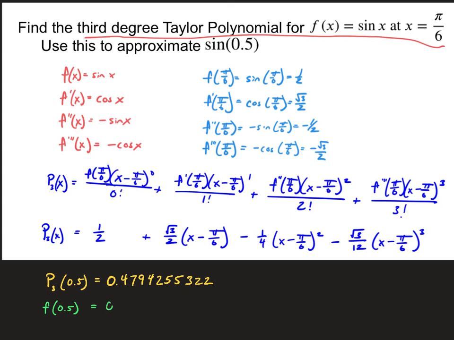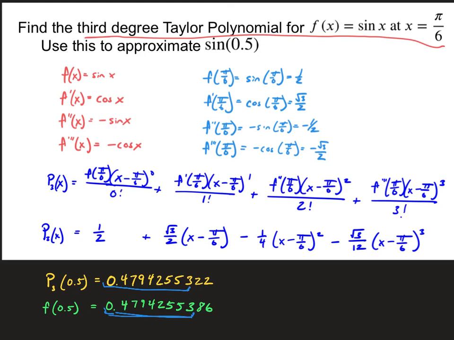Check this out. 0.47942555386. Holy moly. This polynomial is good enough out to that many decimal places. Check it out.